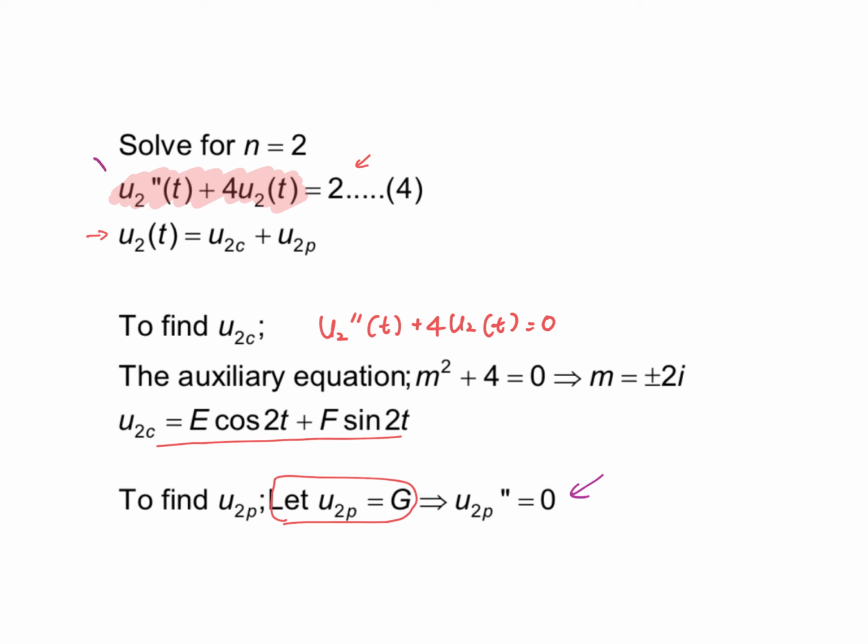Then we just substitute into this equation again. So our u2 double prime t is equal to 0 plus 4 u2(t) is equal to G is equal to 2. Then G will be equal to 1 over 2.